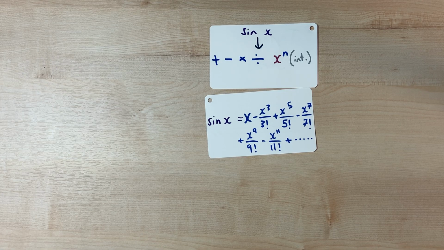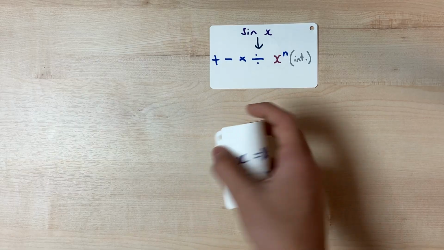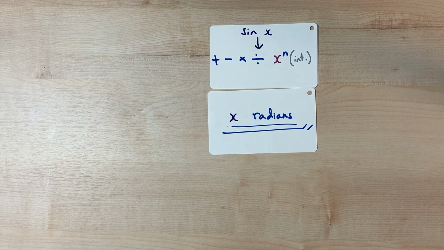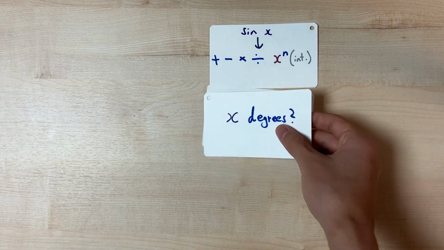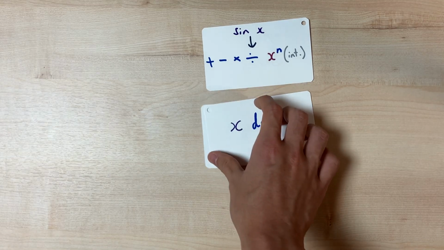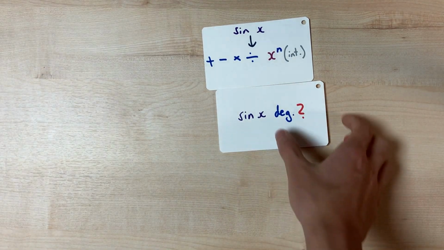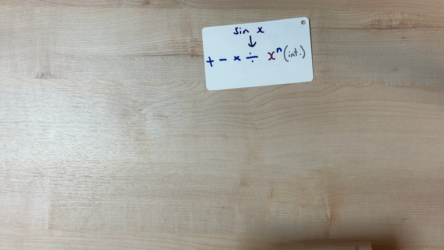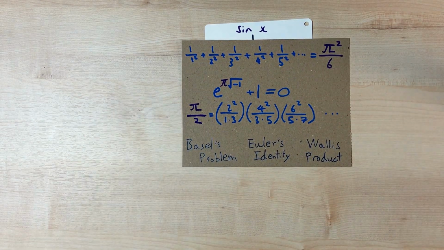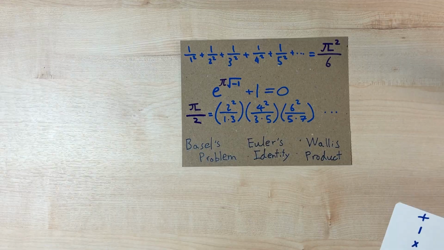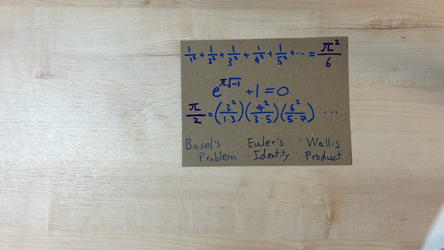The value of x in this polynomial can only be in radians, because if we had a value of x in degrees, sine x would also hold a value in degrees, which is absurd. Radian measures are most of the reason why we see pi everywhere. We see pi in these chaotically beautiful equations where they just pop out of seemingly nowhere to complete this perfect expression.